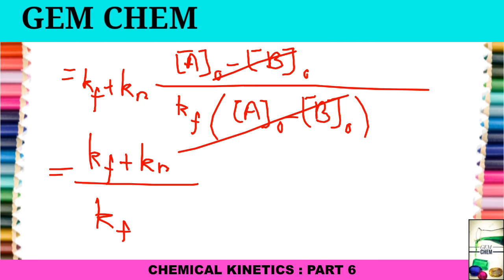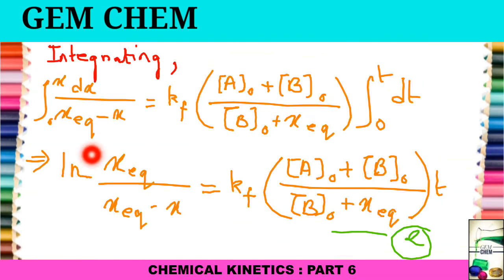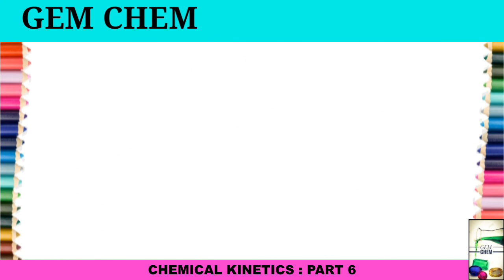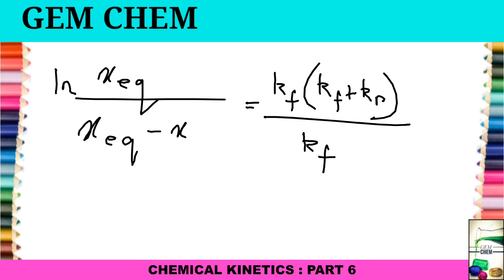If we just substitute this value in the equation which we have already seen for ln, we get ln X equilibrium by X equilibrium minus X equals Kf plus Kr by Kf times t.